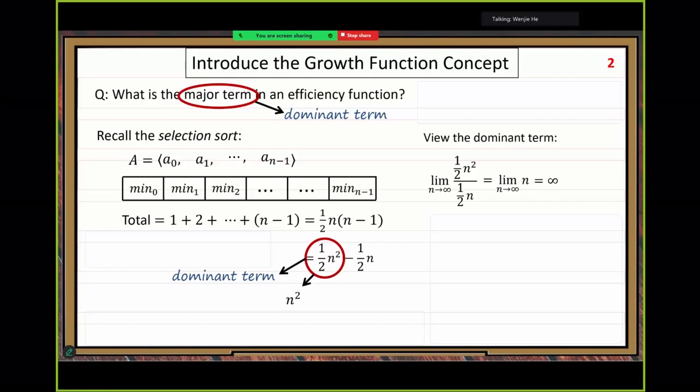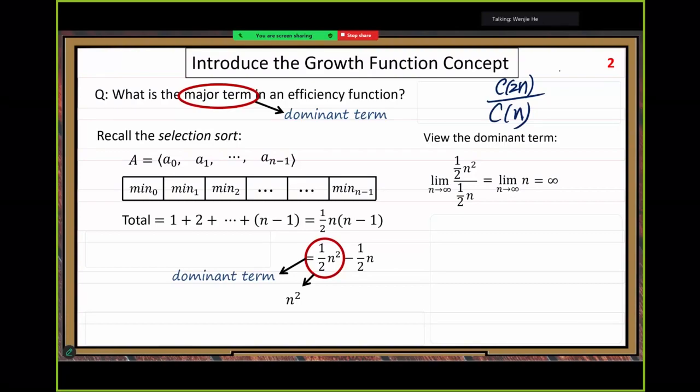But here, let us think in this way. This leading constant has some importance, right? But if you take the ratio C of 2n over C of n, that leading constant cancels out. The leading constant, 1/2, is gone.